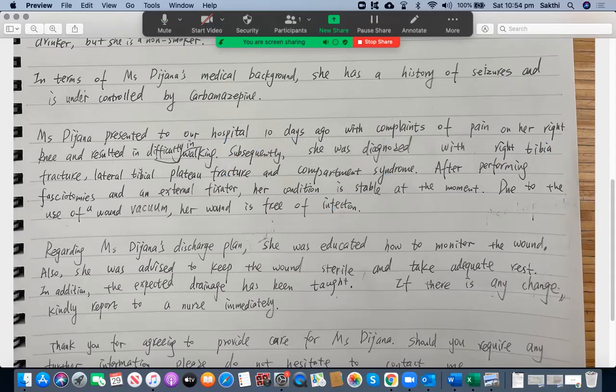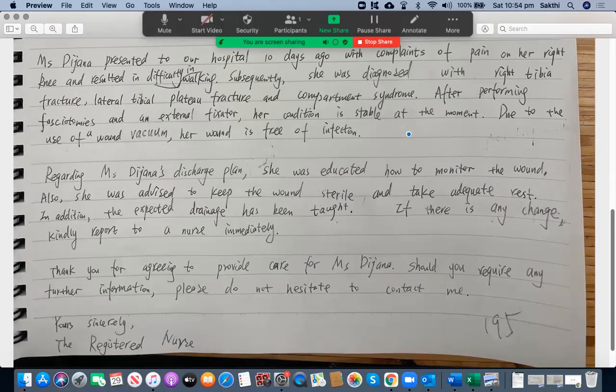After performing fasciotomies and an external fixator, her condition is stable at the moment, so that's good. Again, she was able to use a range of sentence structures, mostly in an appropriate and polite manner. Due to the use of a wound vacuum, her wound is free of infection. Okay, that's good. I'm happy with that.